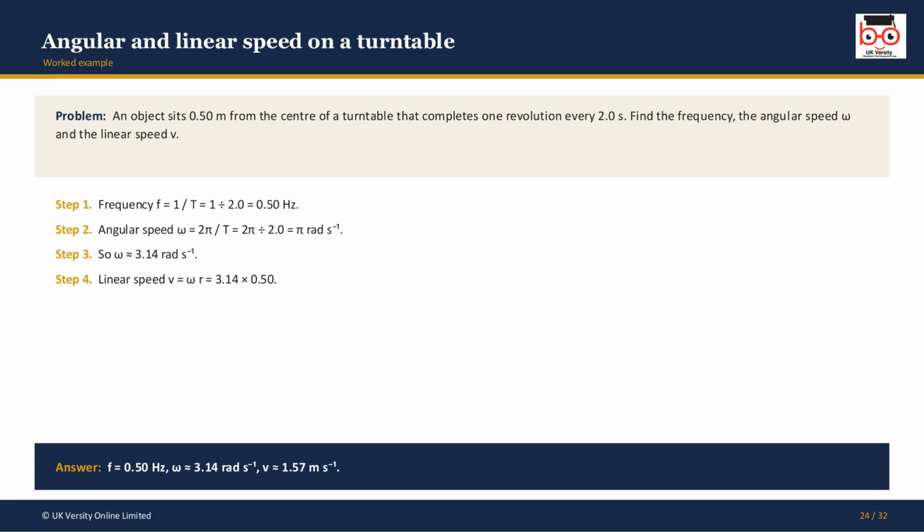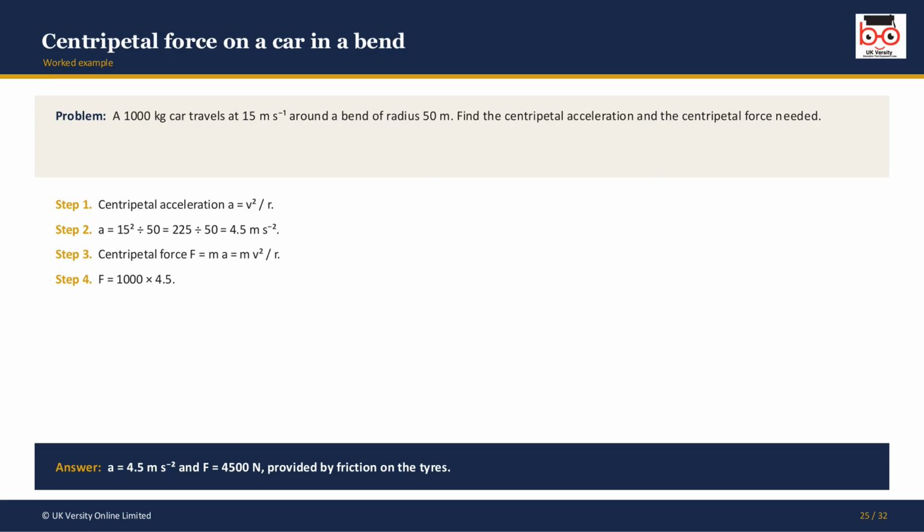The angular speed is 2 pi over the period, 2 pi divided by 2, which is pi radians per second, about 3.14 radians per second. The linear speed is omega times r, 3.14 times 0.5, so about 1.57 meters per second.